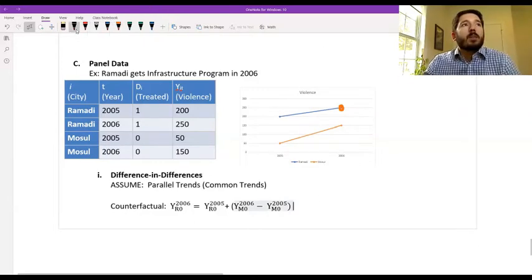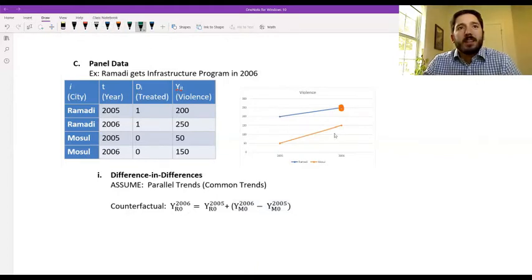And what is that going to look like, roughly speaking? It's a little hard to do. So we're going to tack this trend on for Mosul onto the Ramadi. And so we're going to come up with a counterfactual that looks like this.